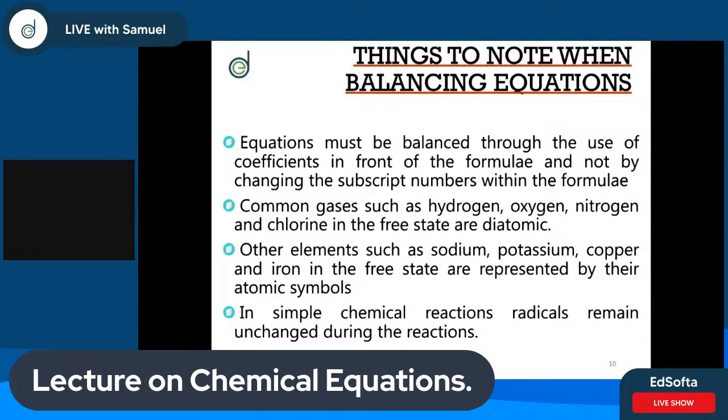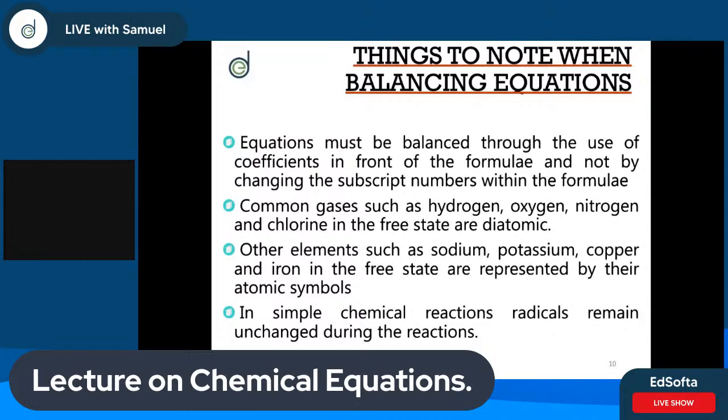So this one is just telling us that when you have things like NO3 2 minus, SO4 2 minus, nothing really happens to the radical. It is still going to be SO4 2 minus, NO3 minus, like that.